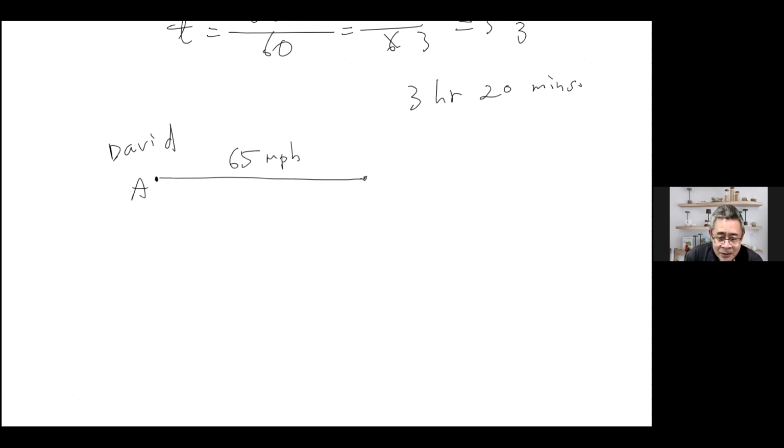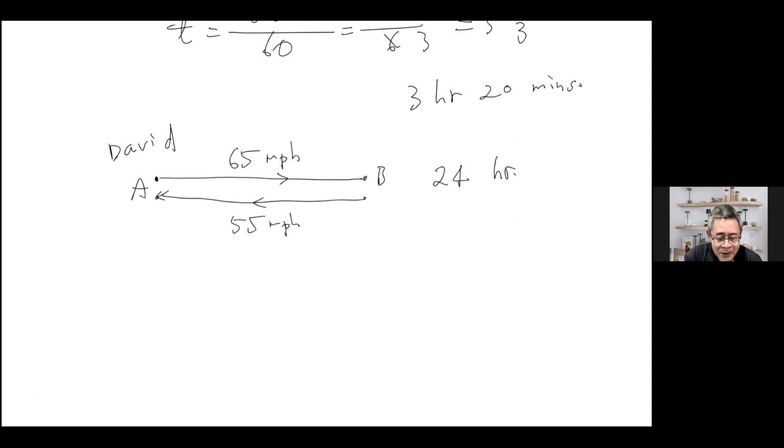And then he came back from city B back to city A, driving 50 miles per hour. Now, the total time is 24 hours. So we're trying to figure out the distance between those two cities.